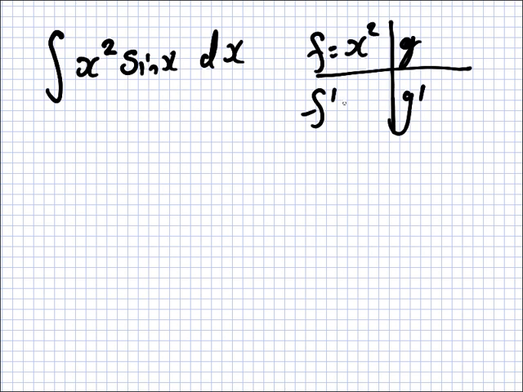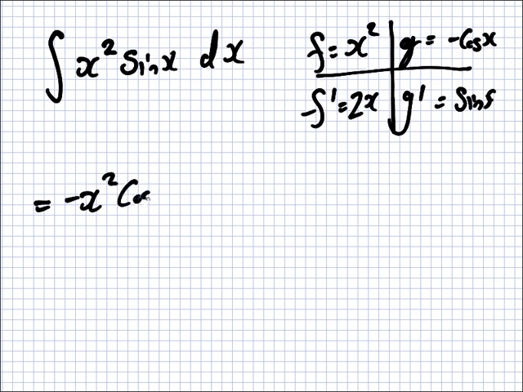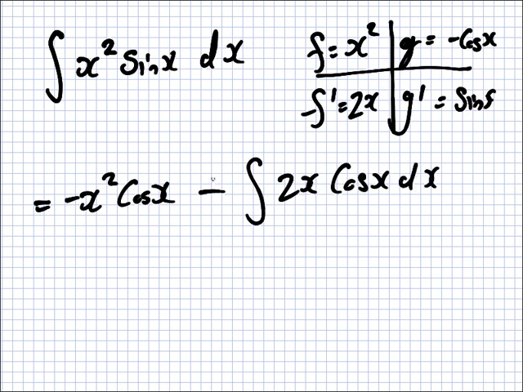And f derivative would be 2x. g derivative? sin x. And so g, minus cos x. Right, so according to the formula, this should simplify to fg minus integrate f derivative g, which is minus cos x. So 2 minuses will make that a plus.